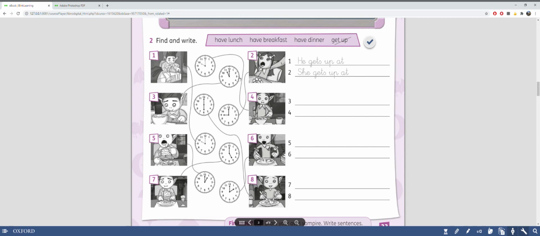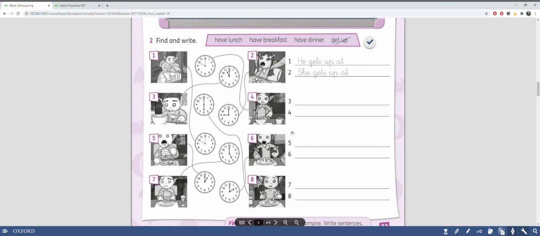Very good. So we need to say o'clock when it's on time. En el puntito, ahí. Entonces, por ejemplo, va a ser acá. For example, he gets up at 10 o'clock. That's correct. So focus on this and you will find the time.